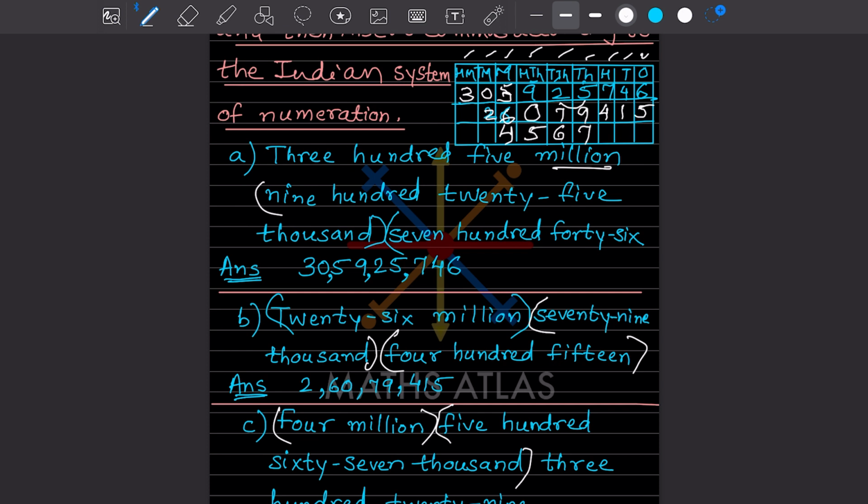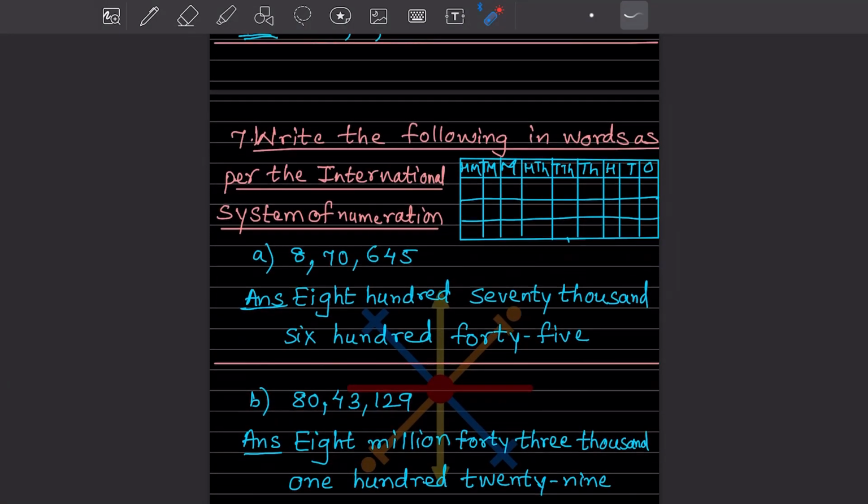And 329. So here it is going to be 329. Hope you got it. So the same thing, whatever you have here, you are going to write it over here. Okay. And then you are going to put the commas. So 3, 2, and 2. Okay. So now let us go for the next one.